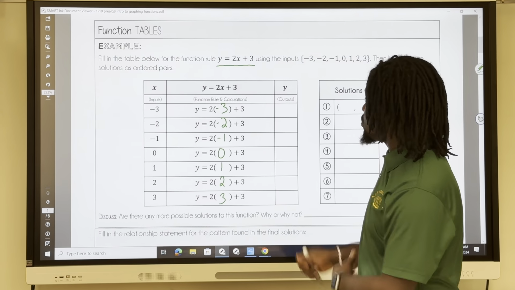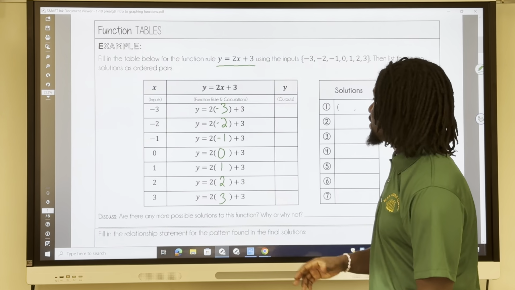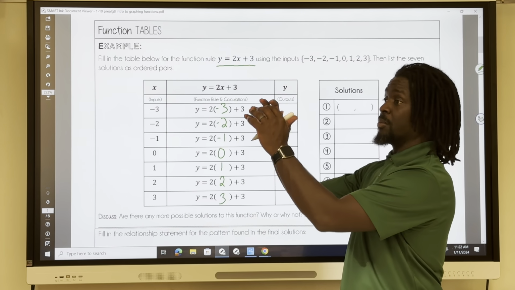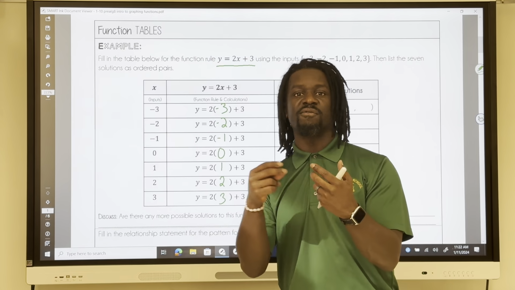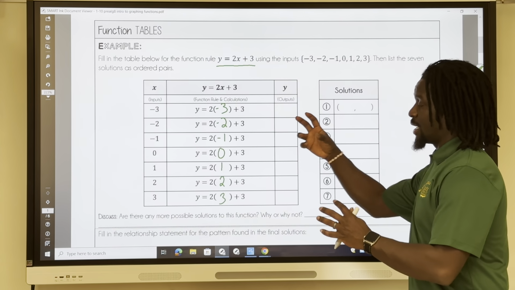And here we can use Desmos to help us calculate this. We'll just need to put 2 parentheses, -3, plus 3, and Desmos will give us our output, our answer.